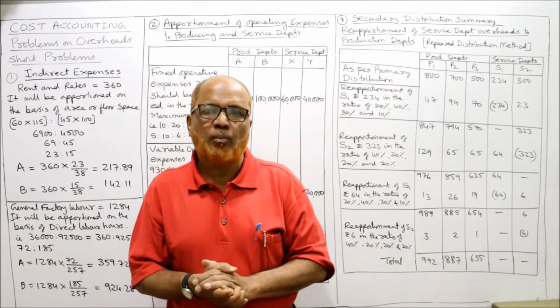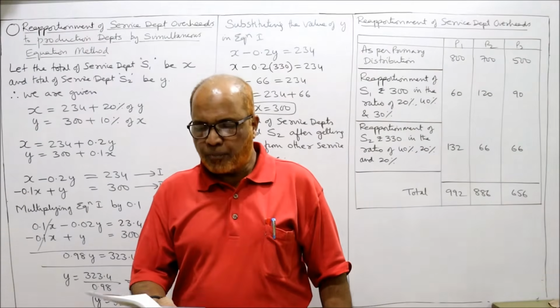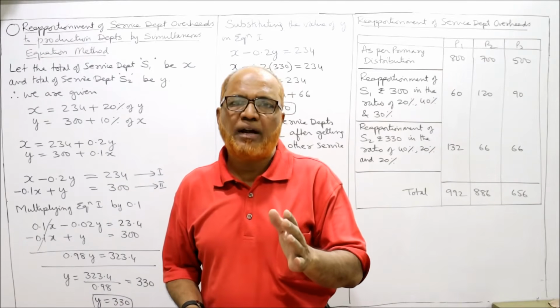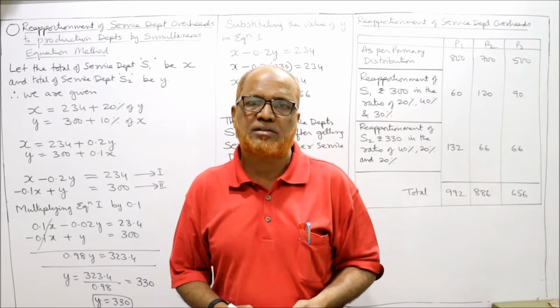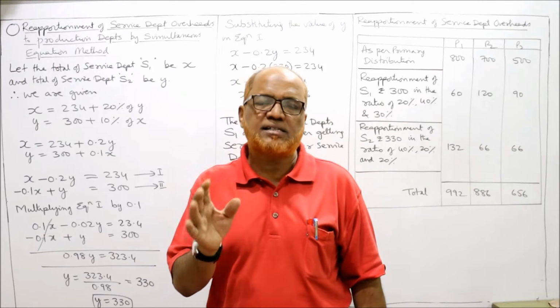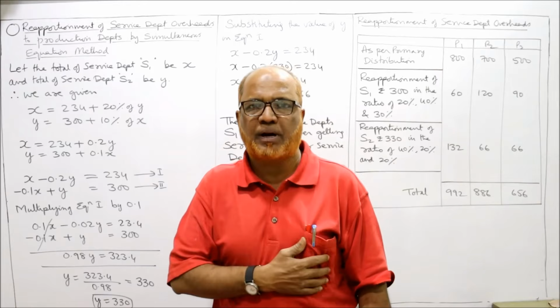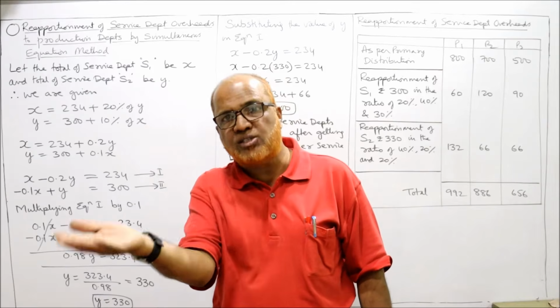So these are the first three problems we have done on overheads. Problem number 3: we have to make the secondary distribution, reapportionment of service department overheads back to production departments. And it is inter-service department. One service department is providing service to another service department also. S1 is giving service to P1, P2, P3 and S2.